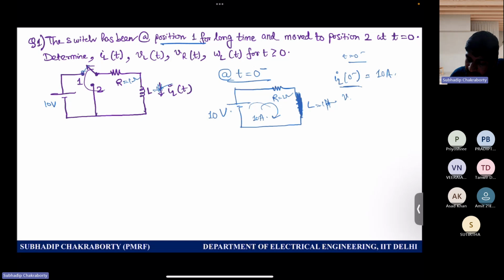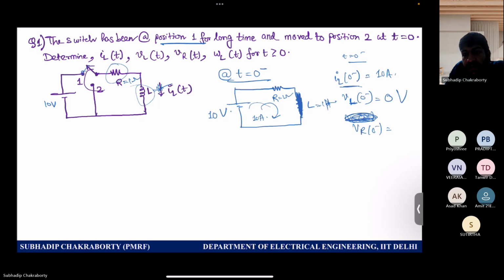Now can you tell me, calculate everything. Whatever elements are there, calculate their voltages. VL(0 minus), what is it? Short. Correct. Sorry, nothing at 0 plus, now we are doing 0 minus. So VR(0 minus), what is it? Just before switching, it will take the complete voltage drop. 10, yes. Complete voltage drop taken.